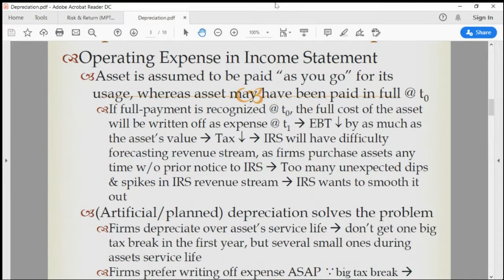Your car will still be okay in reality, but in the books, you depreciate over the service life of the asset. Okay, makes sense. So the writing off of this expense will be spread over 5 years, which will basically reduce the drastic fluctuation in actual tax revenue, the dips and spikes, to avoid that.